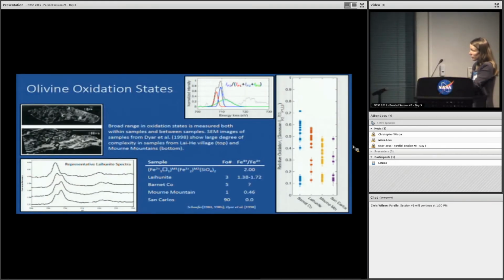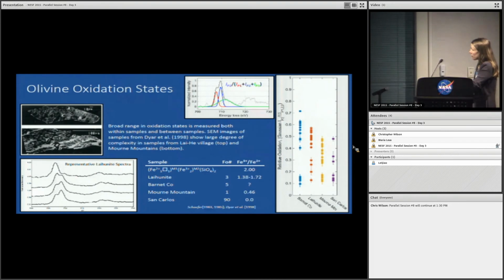Just qualitatively, it's pretty clear that this is all from a single sample, and the ratio of these two peaks varies quite a bit from kind of pure olivine where everything is Fe2+ to something very different.